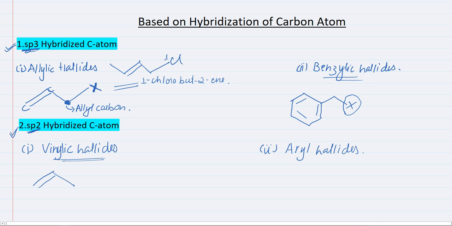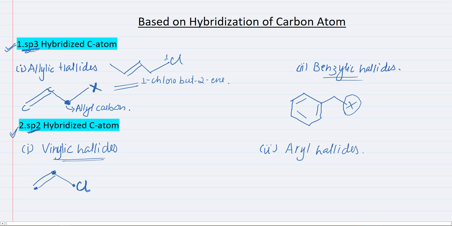And if you have your chlorine atom attached to a double bonded carbon atom, this is your double bonded carbon atom, and this is your chlorine atom. Now this is your sp2 hybridized carbon atom because it is attached to 3 particular atoms. That is why we call it your vinylic halide.